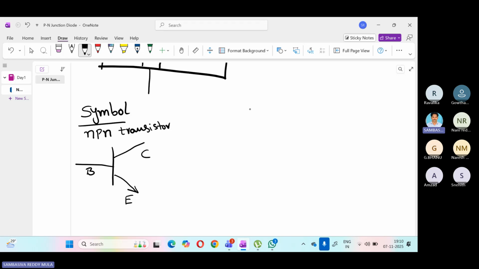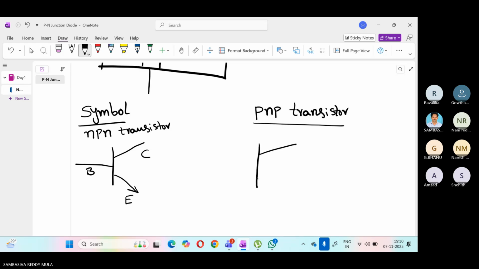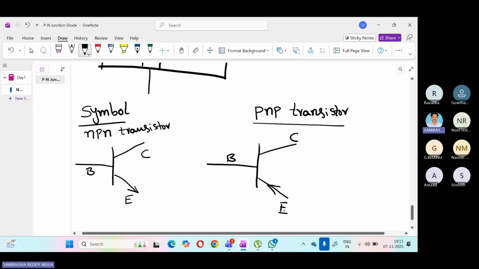Coming to the symbol of the PNP transistor, this is the base, this is the collector, and this is the emitter terminal.